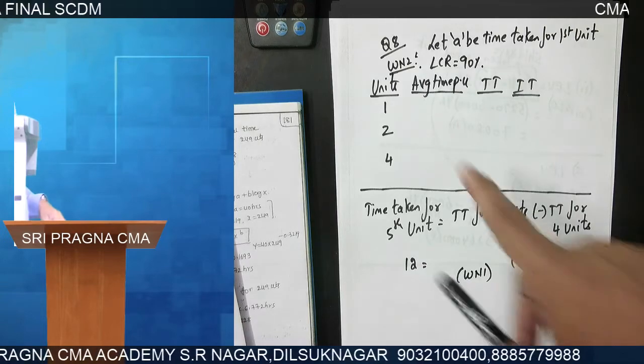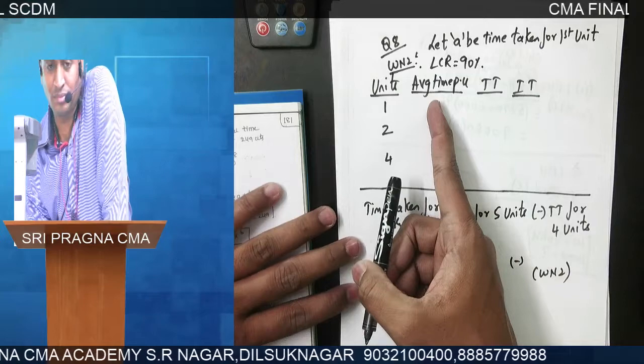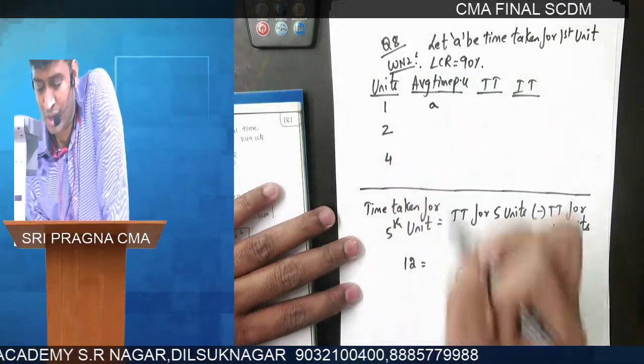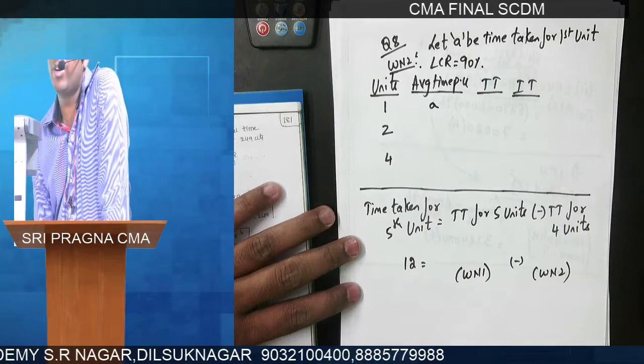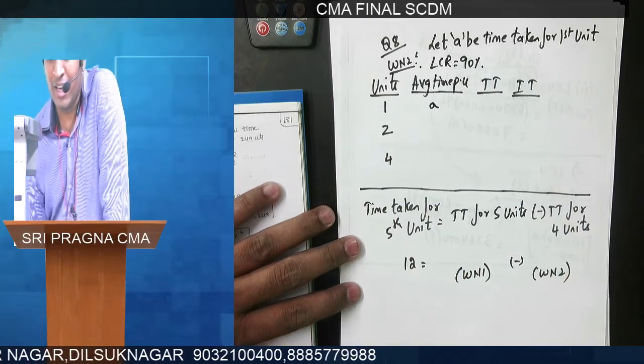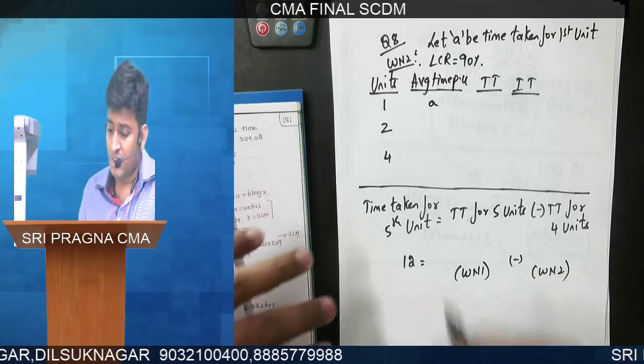ఓకే. यहाँ क्या लिखते? ए రాయాలి కదరా బాబా. Generally you write time taken for the first unit, which I don't know. I am assuming as A. A into 1. हाँ?